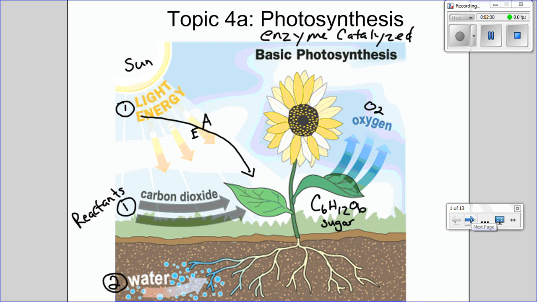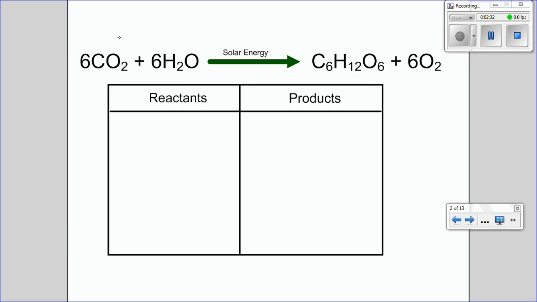So let's take a look a little bit more in depth. If you remember, the left side of our chemical reaction equation would be our reactants. So you need 6 CO2 molecules, which means that you have 6 carbons and 12 oxygens, if you remember that from last year. And you need 6 water molecules.